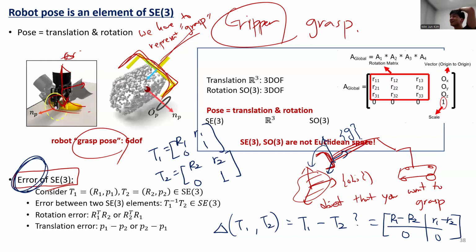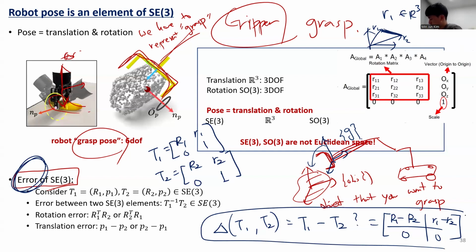Could make sense, right? Because if you have one vector in Euclidean space and another vector in Euclidean space, vector subtraction gives you the difference between two points, right? This is r1, that is r2. If you do r1 minus r2, then you get this difference.